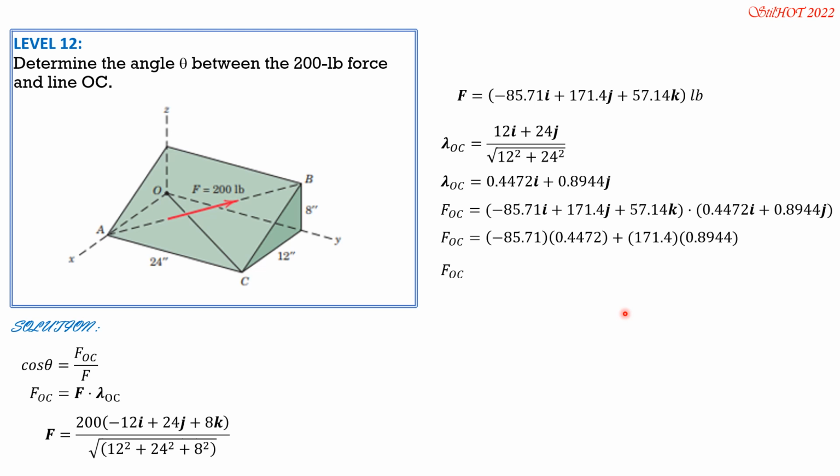So F_OC is equal to 114.97 pounds. Finally, 114.97 equals 200 cosine of theta. So theta can now be computed. Inverse cosine of 114.97 over 200 is 54.91 degrees.